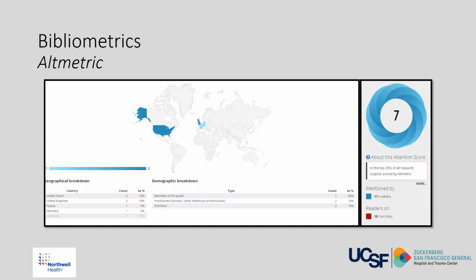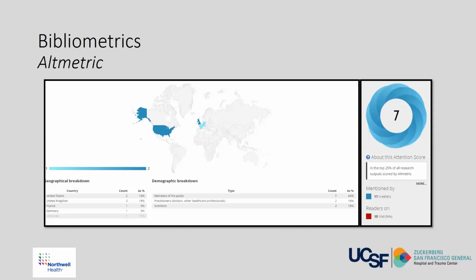What you see here on the screen is the Altmetric score, which essentially tells you how well the article is doing compared to similar articles within this field of research. This number is really dependent on the discipline that you're looking at.